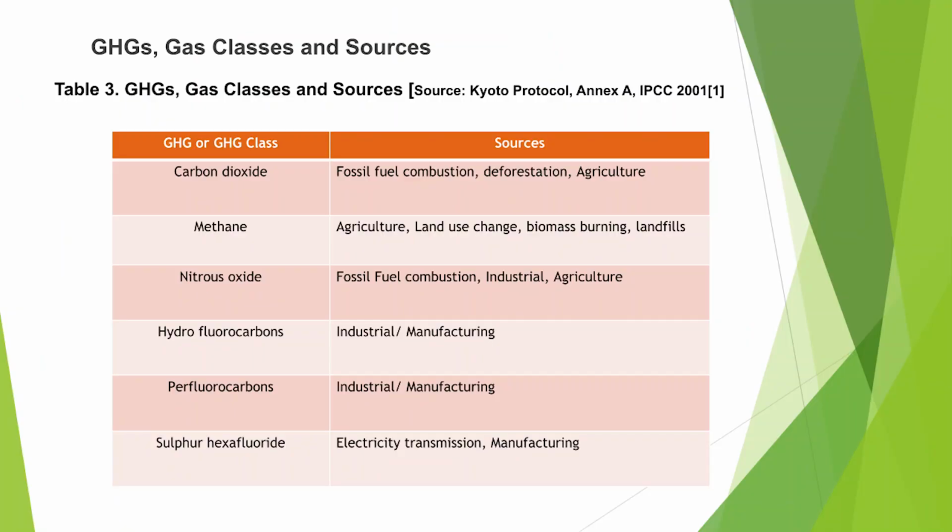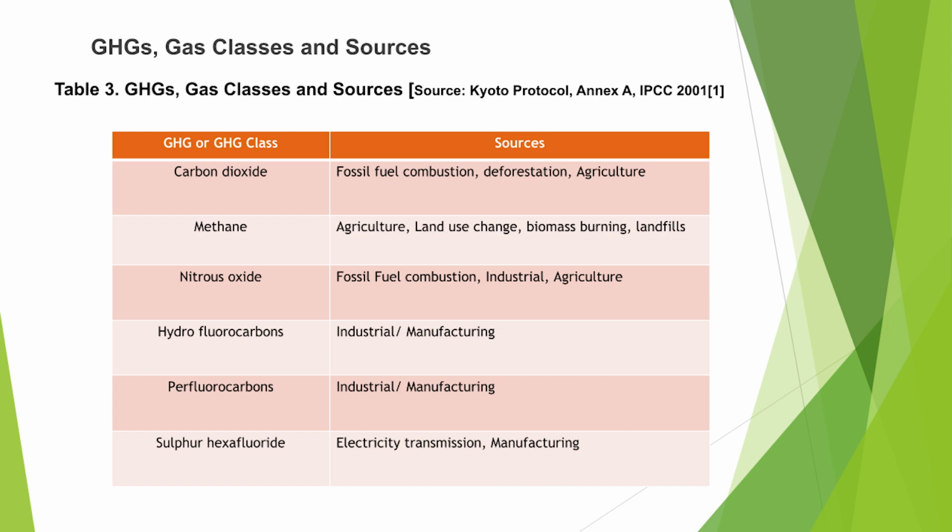In this table you can see the greenhouse gas emissions and their sources. As you know, there are a total of 6 greenhouse gases included in these CDM projects. The first is carbon dioxide, and the sources are fossil fuel combustion, deforestation and agriculture.